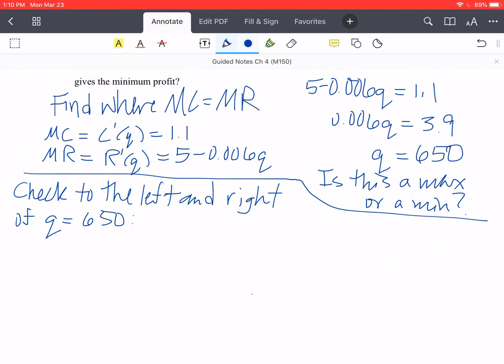So if we check R prime of 649, that value is approximately 1.106. If we compare that to C prime of 649, well, C prime of anything is just going to be 1.1, or 1.10 if you want. So that means R prime is bigger than C prime.